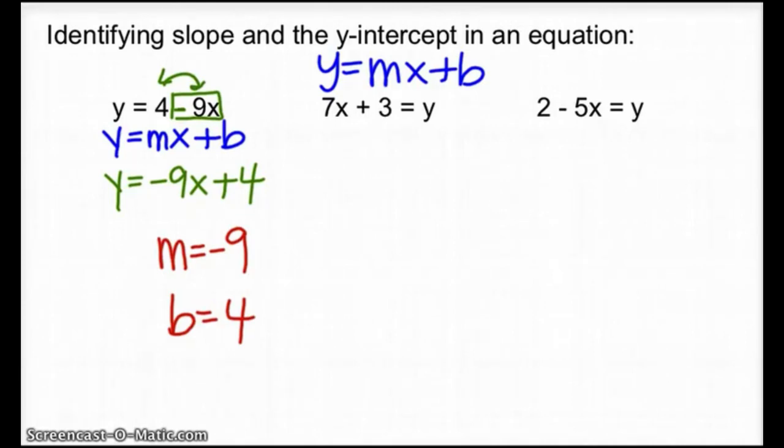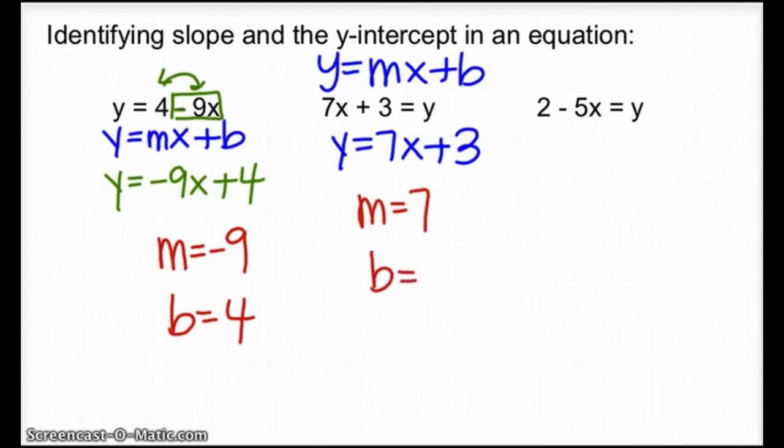Same thing. I need it in y equals mx plus b form. I know that I can flip-flop two sides of an equation, and I can rewrite it in slope-intercept form. My slope is the coefficient of x. It's the number that comes with x. And my y-intercept is my constant.